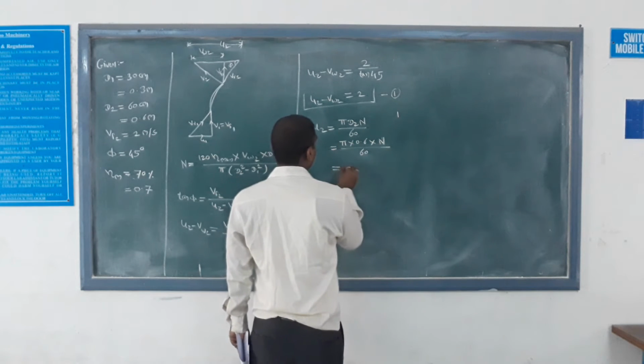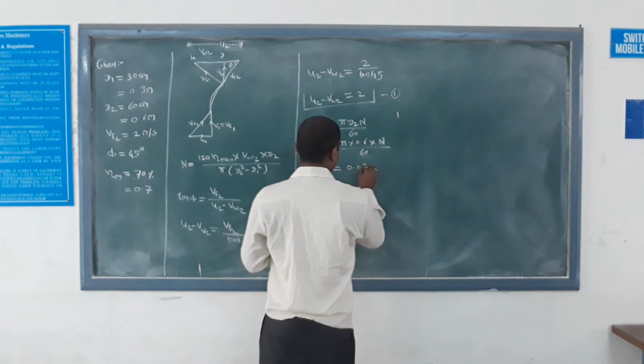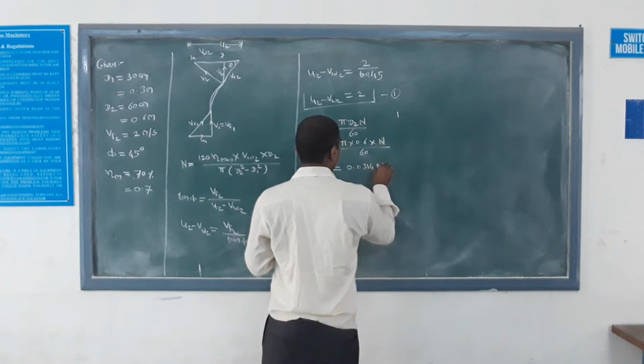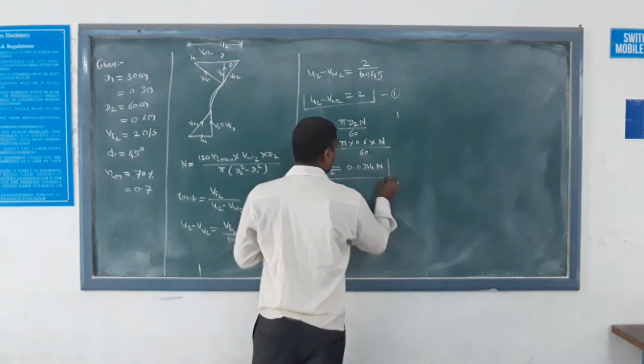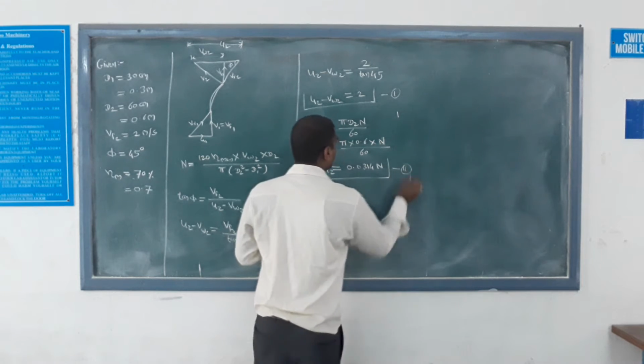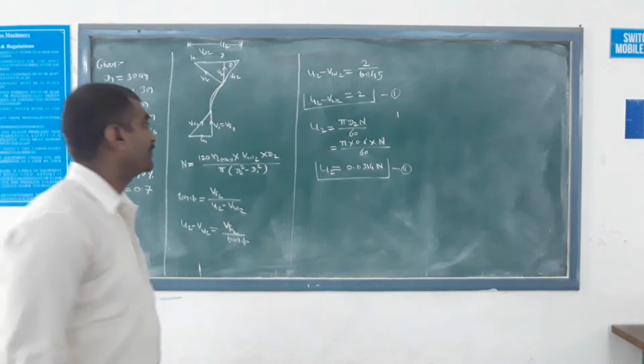So we are getting 0.0314 N. So we are getting U2 in the form of N speed.